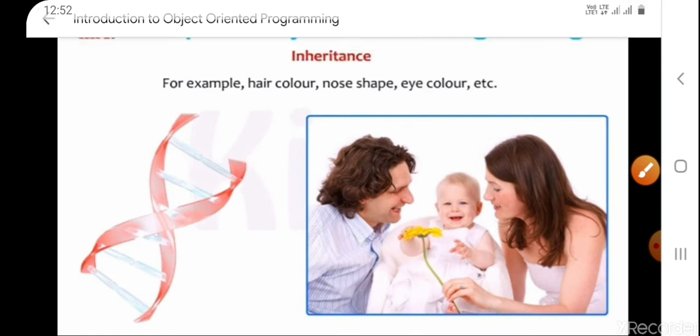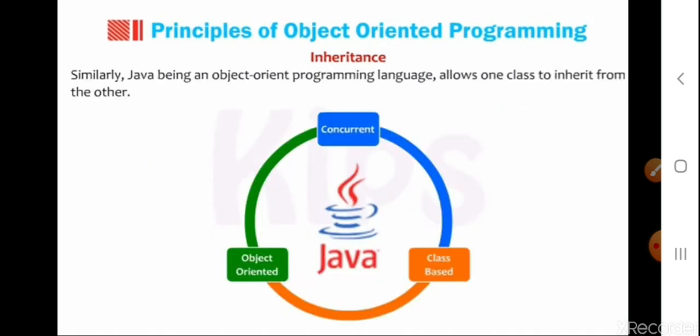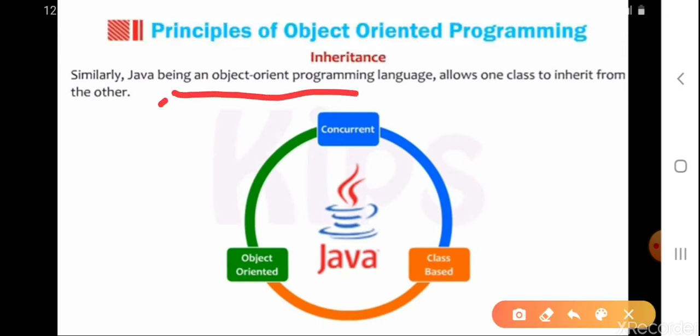For example, your hair color, your nose shape, your eye color is inherited from your parents. Yes, you have learned this in your biology. Similarly, Java, being an object oriented programming language, allows one class to inherit from another.